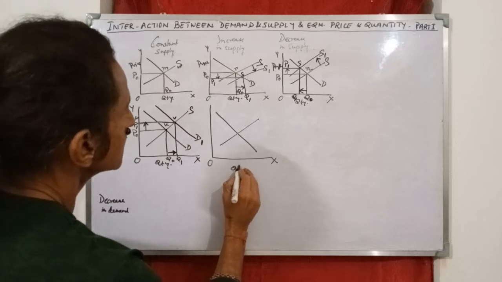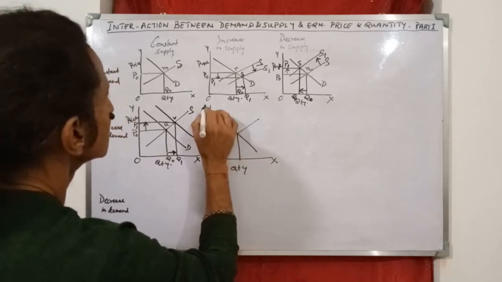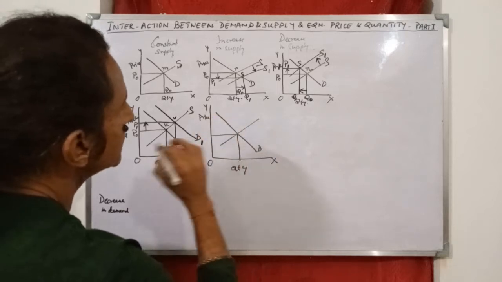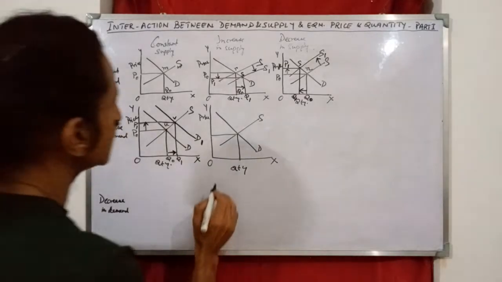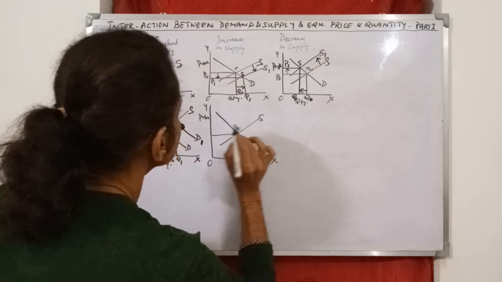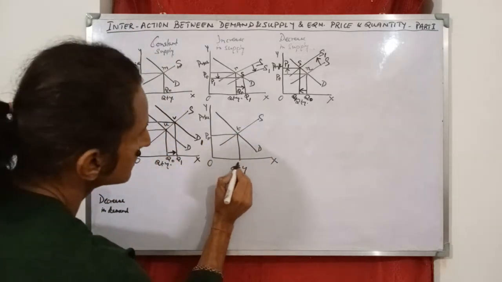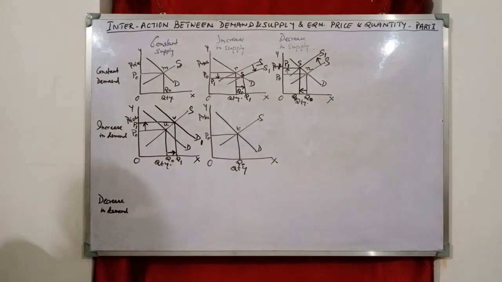Again, start from equilibrium position. Let D be the demand curve, S be the supply curve, and let them intersect at point T. So P sub O is the equilibrium price and Q sub O is the equilibrium quantity. Now what is happening?